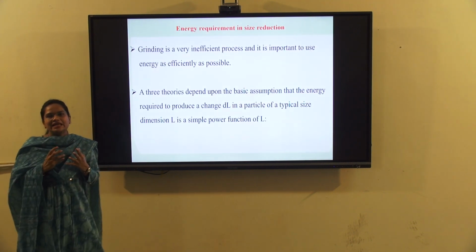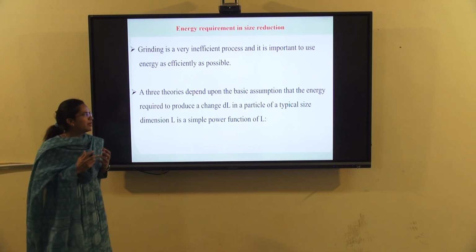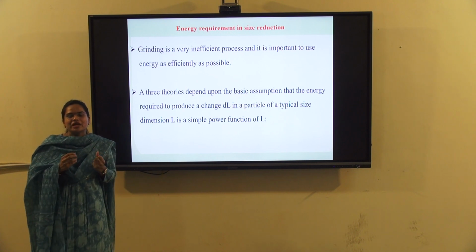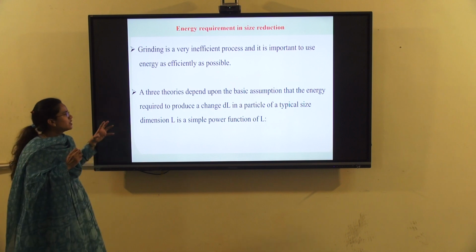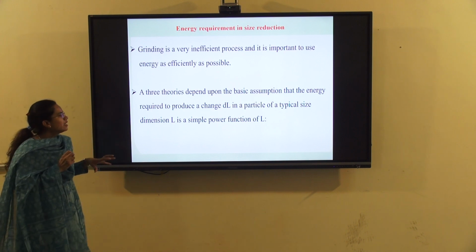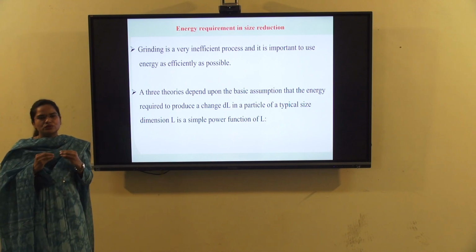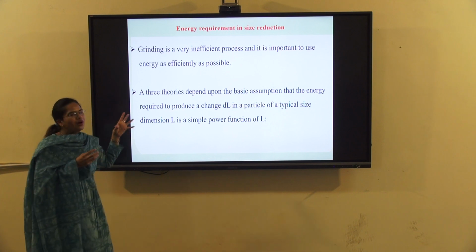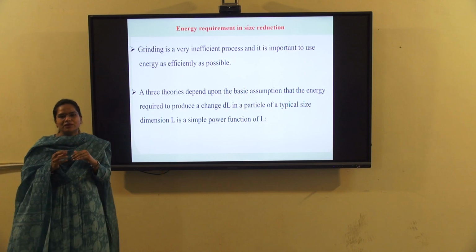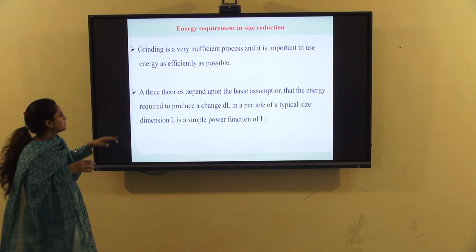While grinding, the main component is the energy requirement. The grinding process is a very energy intensive process. For the calculation of the energy requirement during grinding, different laws are used according to the particle size reduction, like coarse size, fine size or medium size particles.